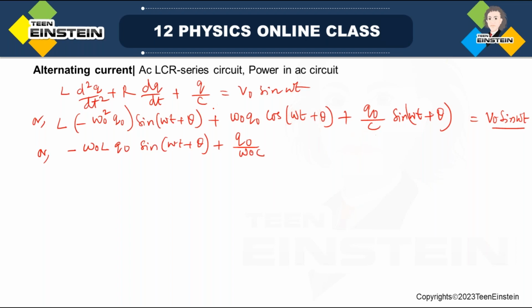I don't know why I'm writing omega 0, there is no omega 0, that's just omega. And with this, R will be there, cos of omega t plus theta.